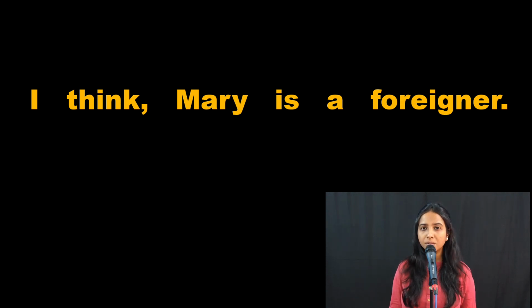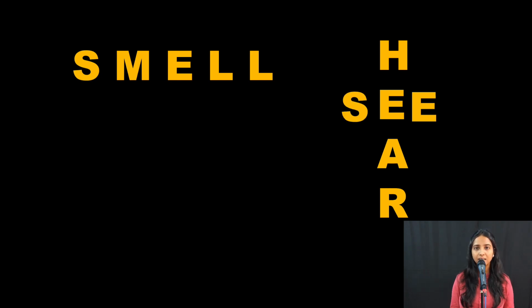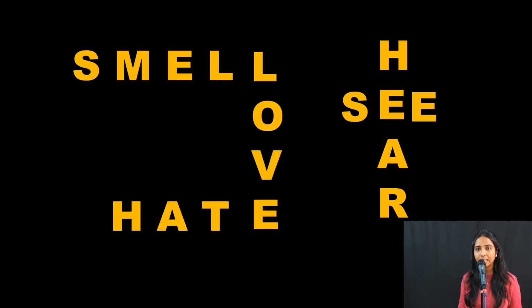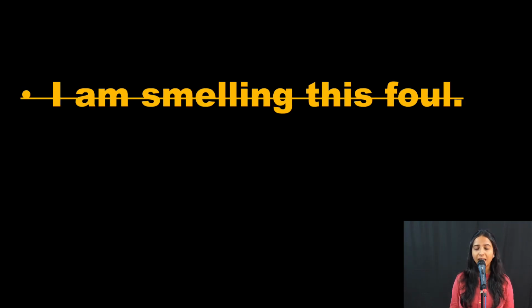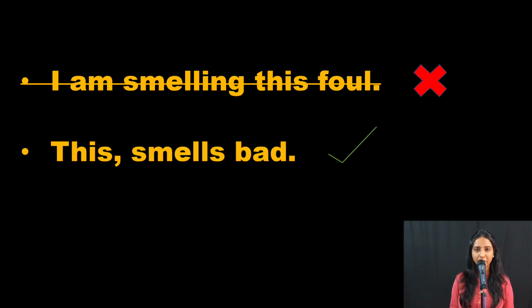Similarly, other verbs like hear, smell, see, love, hate, these are some of the verbs that we don't use in the continuous tense. So I won't say I am smelling this, I would use this smells bad. I am not going to say I am smelling bad.